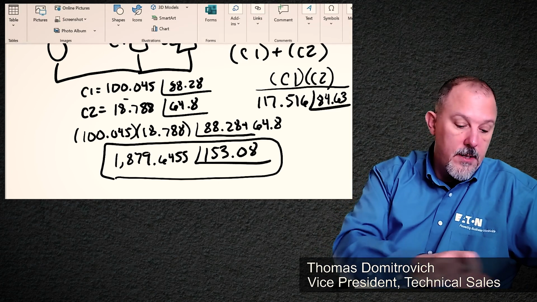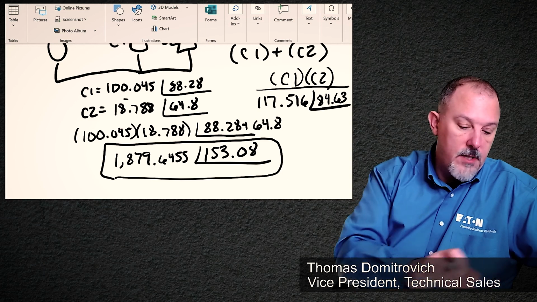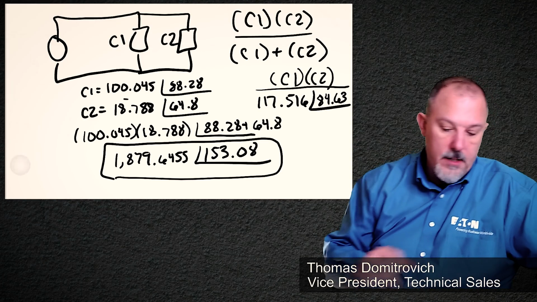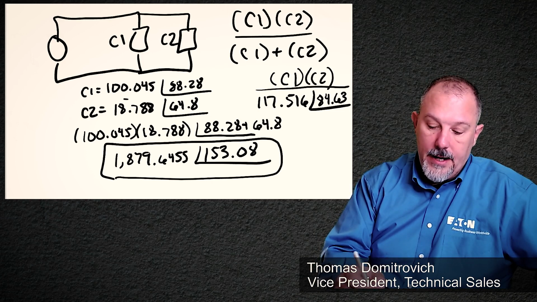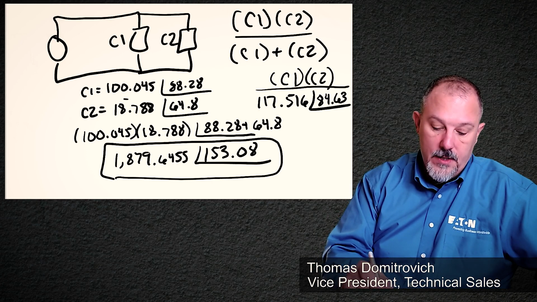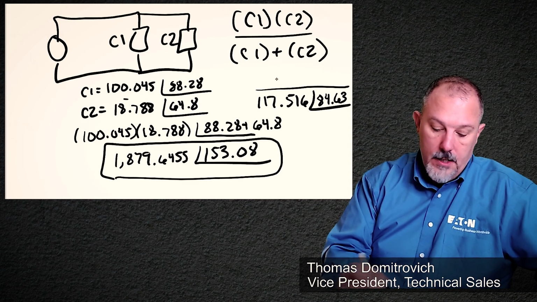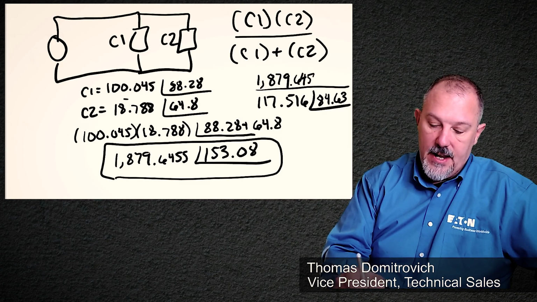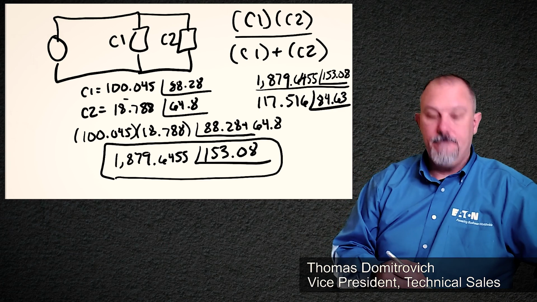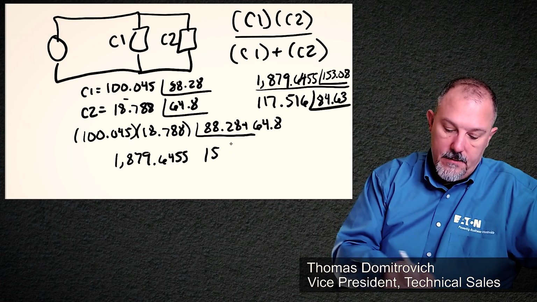Insert, duplicate, new slide. So we know C1 times C2 is 1,879.6455 at an angle of 153.08. Let's get rid of all of this.